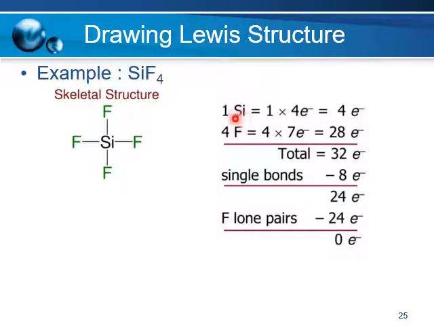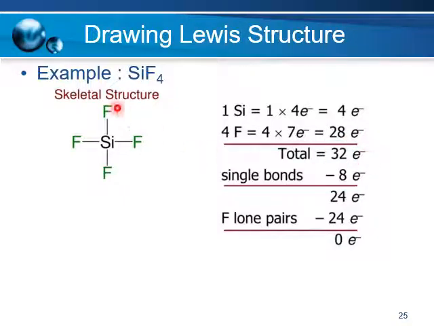We have this one Si, and Si can form 4 electrons, so 1 times 4 is 4 electrons. Then we have 4 fluorine, and one fluorine has 7 electrons. 7 times 4 is 28, so the total electron now is 32.